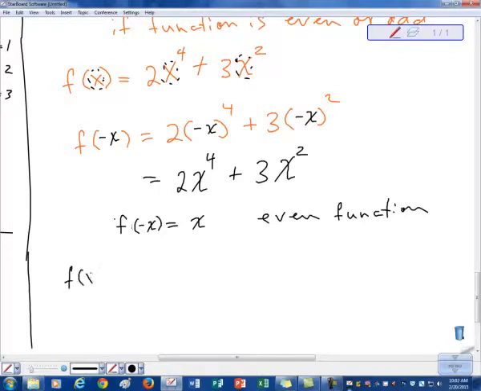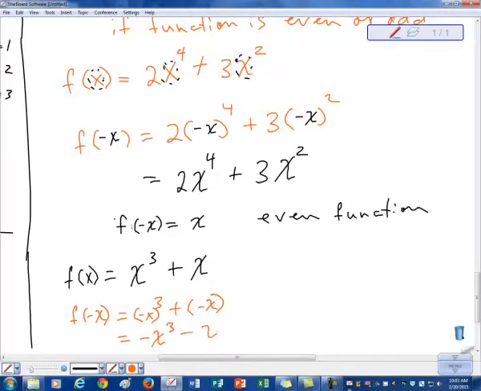Well, if we had f of x equals, let's say, x cubed plus x, and we substituted negative x in, this would be negative x cubed plus negative x, so we get negative x cubed minus x.